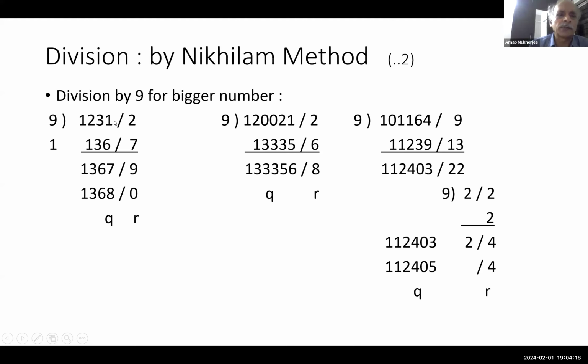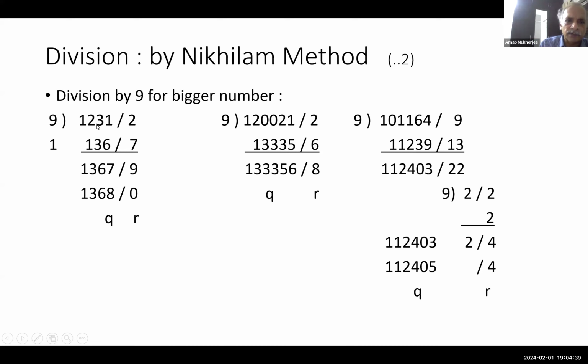1, 2, 3, 1, 2. This 5-digit number is divided by 9. Again, the 1 is the deficiency, so we work with 1. 1 into 1 is 1. 1 plus 2 is 3. 3 plus 3 is 6. 6 plus 1 is 7. Finally, we add and 9 becomes my remainder.